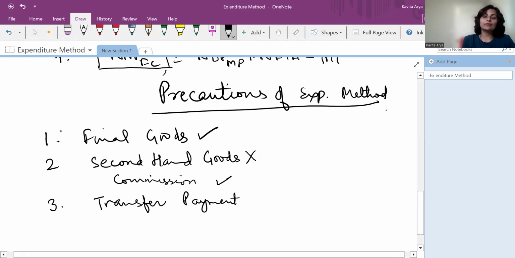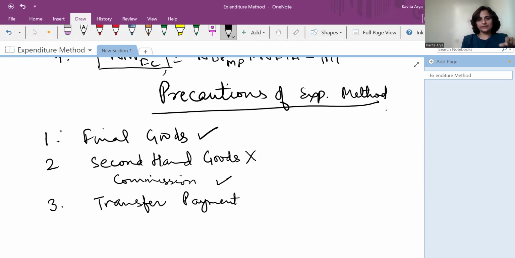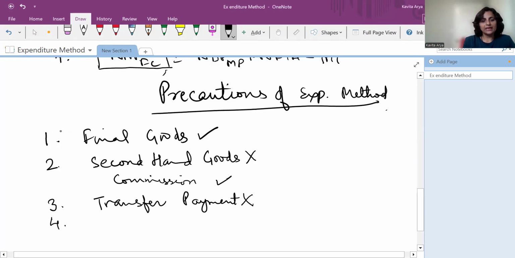In income method, we write transfer income. This is expenditure method, so we write transfer payments. So transfer payments would not be added. Fourth, the expenditure on self-consumption would always be a part of it. So expenditure on self-consumption is a part, right?